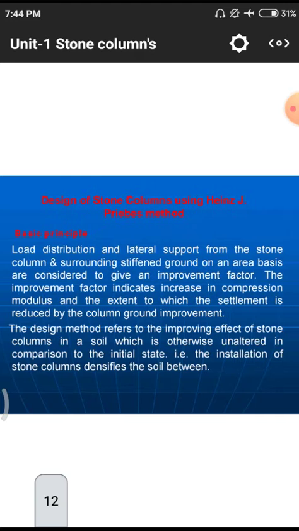What is the design principle for these stone columns using the Henry Pipes method? Load distribution on the lateral support from the stone columns, the surrounding stiffened ground and area bases are considered to give the important factor. That means we need to give importance factors for each and every structure.